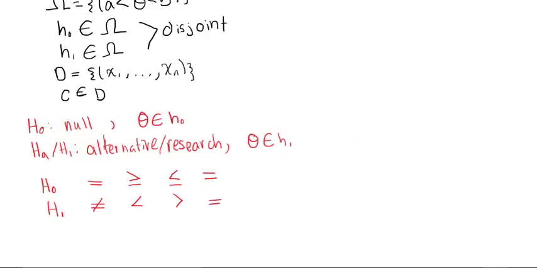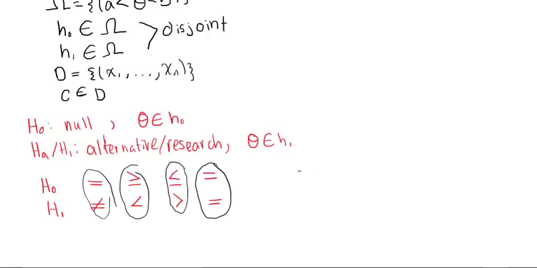So these are grouped together, these are grouped together, and these are grouped together, and finally these ones. So for example, we can have h naught be theta is greater than or equal to a, and h1 be theta is less than a, for example.